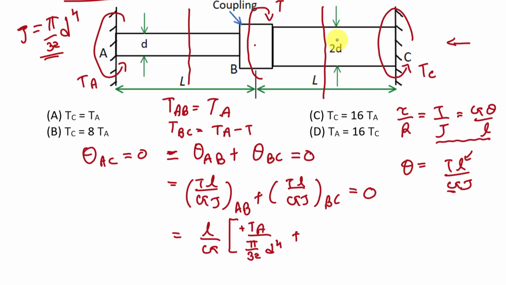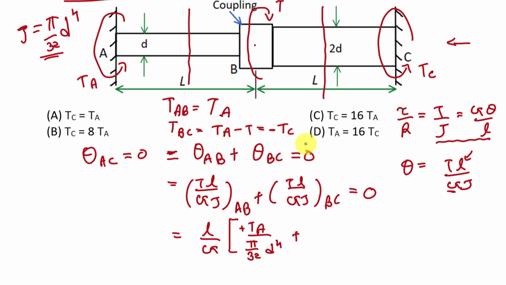And here if we take right side of the twisting moment, then it is TC, right? Now remember that for twisting moment applied on this shaft, if we take anti-clockwise twisting moment as positive on the left side, then anti-clockwise twisting moment on the right side will be negative. That you have to remember. So here we have to take this TC as negative.